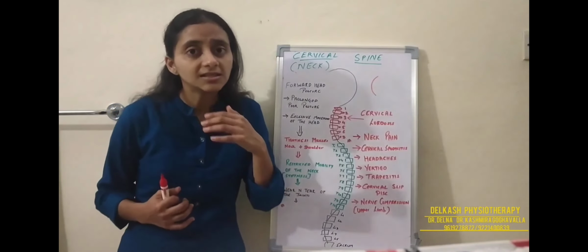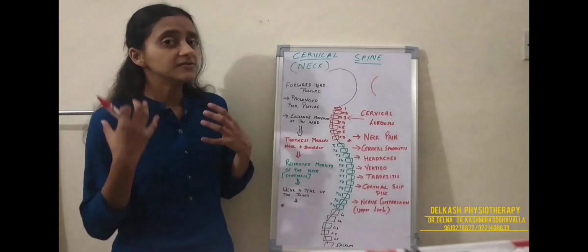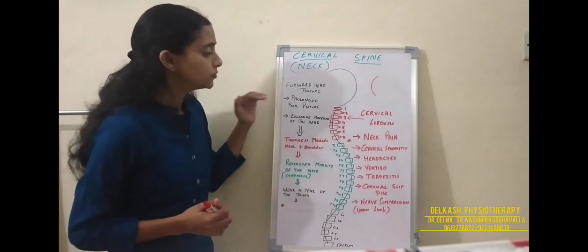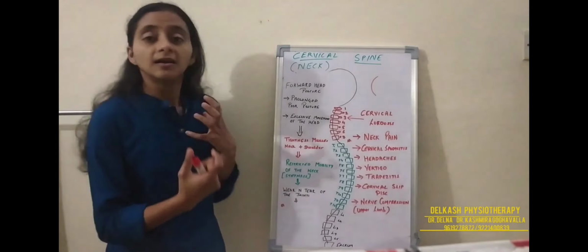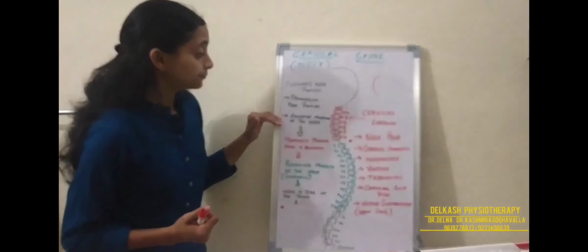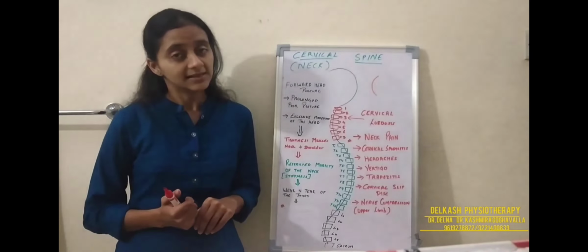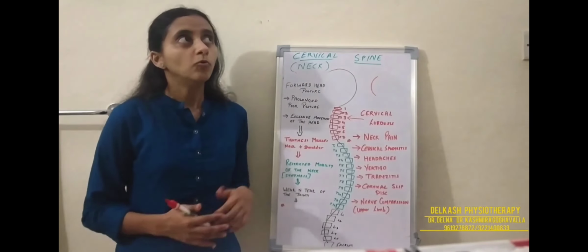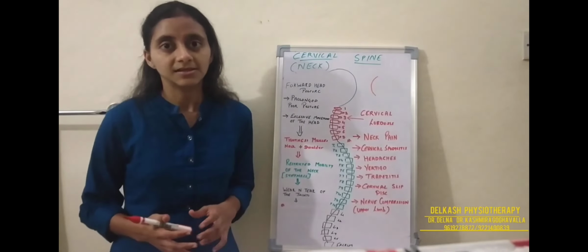Slowly, when you are constantly in this posture, it gives a very poor posture to our neck region, and a prolonged poor posture gives rise to a lot of problems. Also, the other thing associated with our neck region is the movement of the head. We move our head so many times in the day.